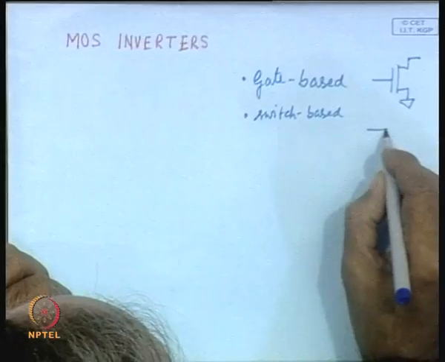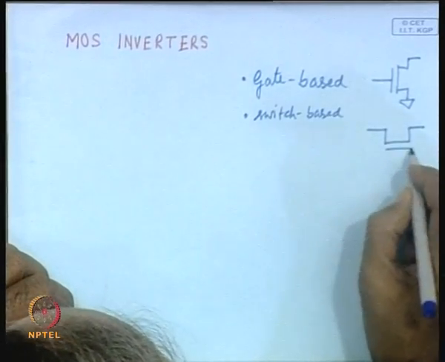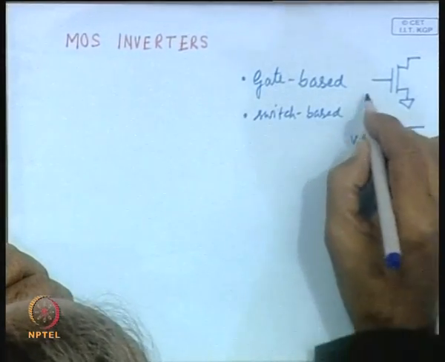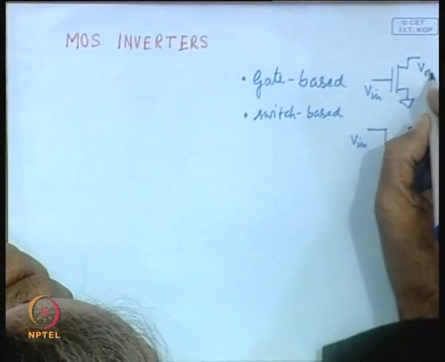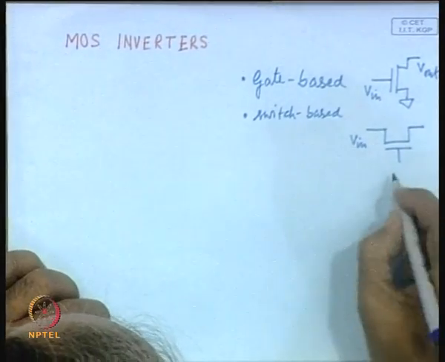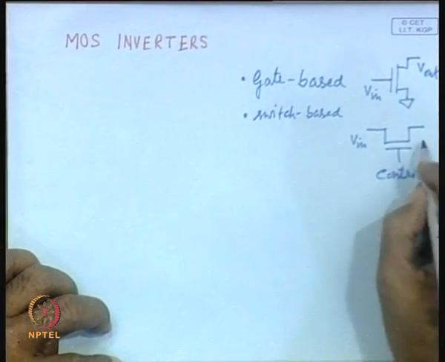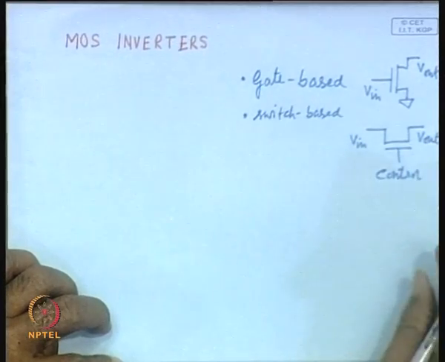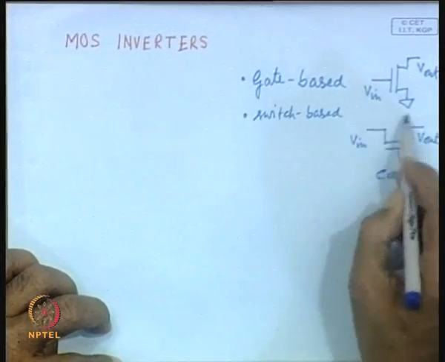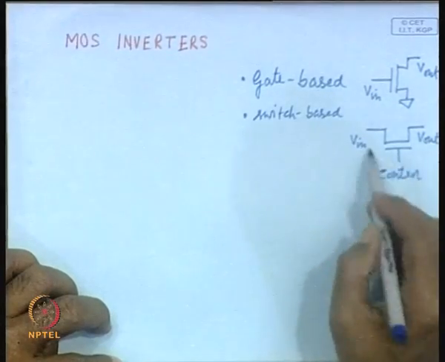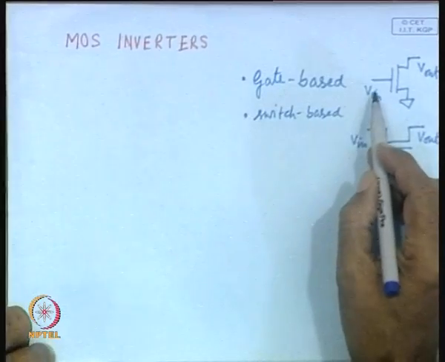Here it is your V in, and you take the output from here, and this is the control circuit, we apply the control signal here to control the resistance of this transistor. So, this is your switch based logic, another is gate based logic. Later on we shall discuss the use of MOS transistors based on switch based logic. For the time being we shall focus on the realization of MOS inverter, which is essentially based on applying input to the gate, as you can see here.